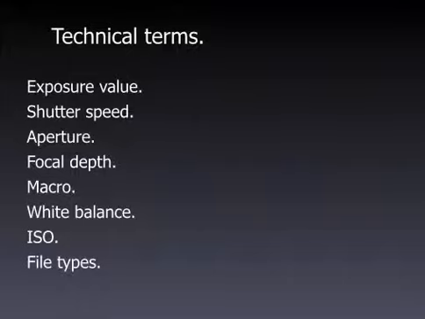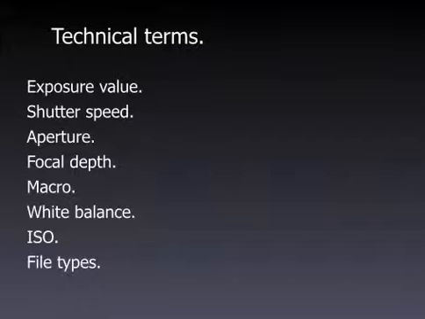So if you have, for example, LED lighting, it tends to have a bluish tinge. So we need to tell the camera what is white. ISO, this goes back to the old days of film, and the size or the grain on the film. And obviously we'll touch on file types, whether this be JPEG, TIFF or RAW.